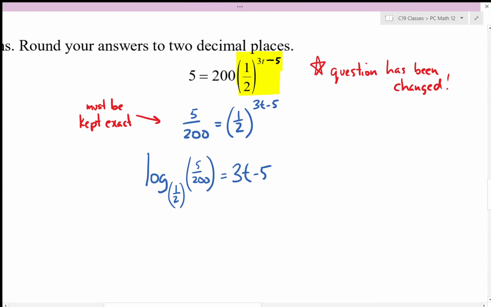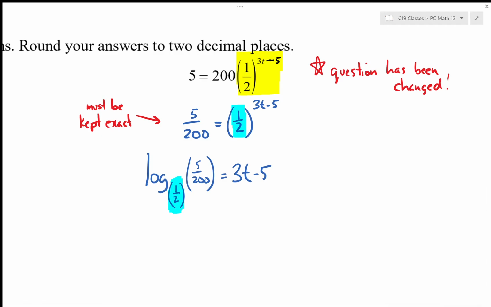So what I've done is I've taken the base of the power, which is half right here, and I've made it the base of the logarithm. When we change forms from exponential form to logarithmic form, the base of the power becomes the base of the logarithm. That's what you need to remember. And you can go the other direction too, we just don't in this chapter yet. But always the base for logarithms and base for powers is the same base because they're opposite operations.